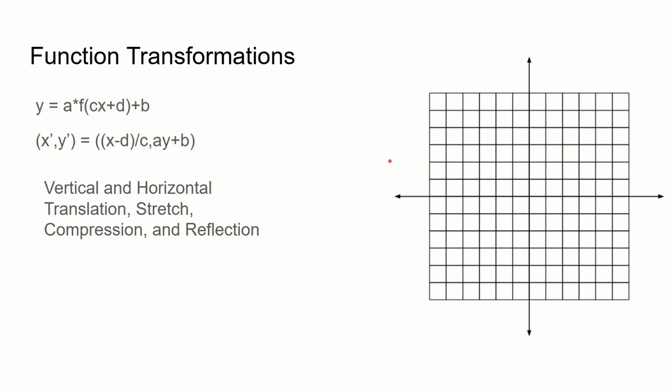The main things these expressions can do to a function are vertical and horizontal translations, stretches, compressions, and reflections. Vertical will always be y stuff, so anything you apply outside the function will be vertical. Multiplying or adding will simply move the y values up or down while the x values stay the same.